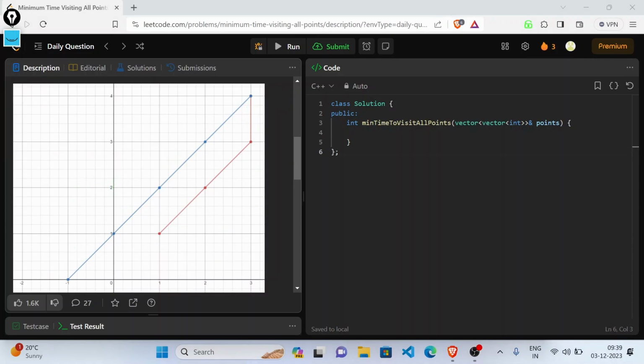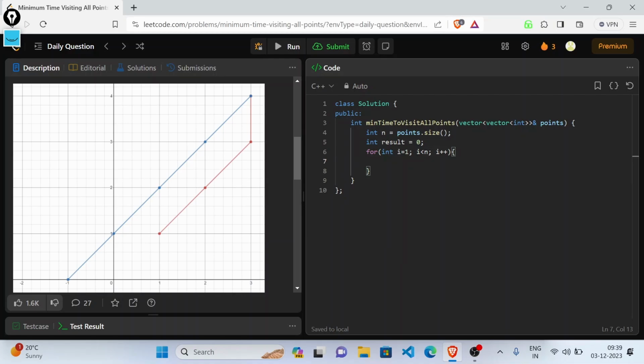Let's try to code this. First of all, we will store the size of the points in n, and we will also initialize the variable result. Then we will run a loop from i equals 1 while i is less than n, i plus plus, and we need to travel from points[i-1] to points[i] and add that distance to our result.